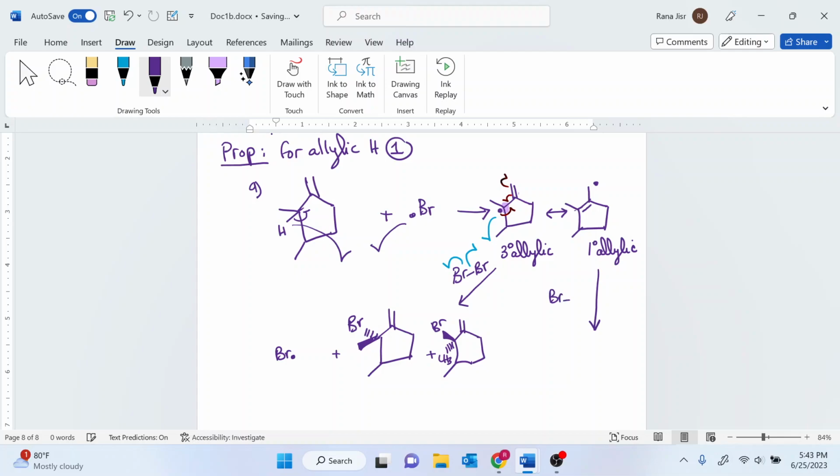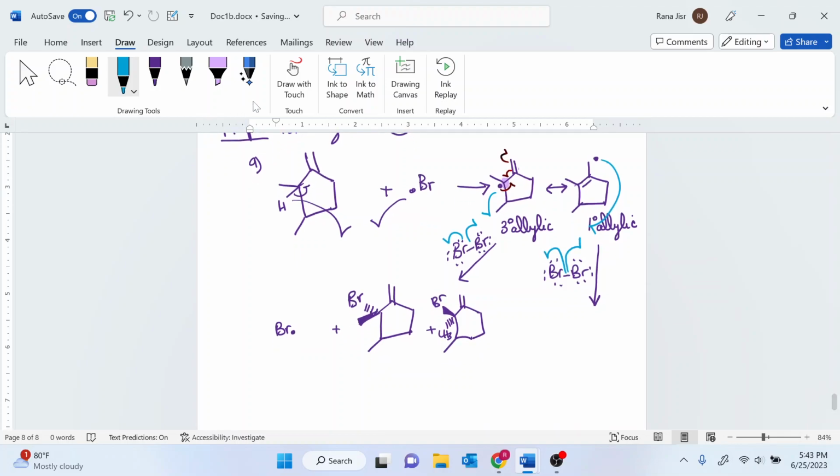So now I'm going to have my bromine. This is the second step of the propagation. Write the lone pairs. Here I didn't show the lone pairs. Please show the lone pairs of the halogen. So I'm going to start my reaction in there. The free radical is a little bit far away, but here you go. Make sure that you start your arrow from the sigma bond towards the bromine.